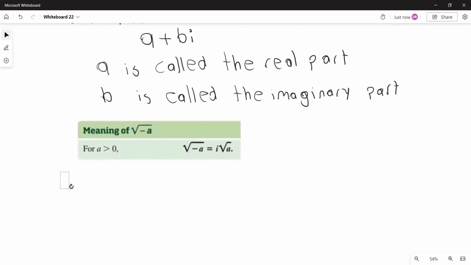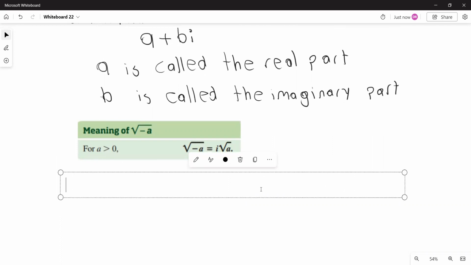The first exercises in this section are to rewrite the square root of a negative number in terms of i.